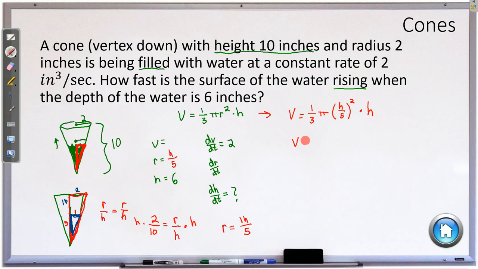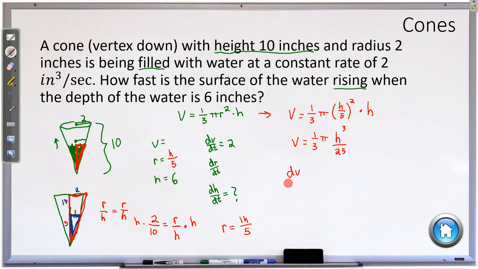And just a little bit of manipulation here, this becomes 1/3 pi h squared, and h makes h cubed over, don't forget that the 5 is squared also, 25. And if you wanted to go one step further, actually don't go one step further, don't combine those fractions, and you'll see why. Now this is going to be a very easy derivative.